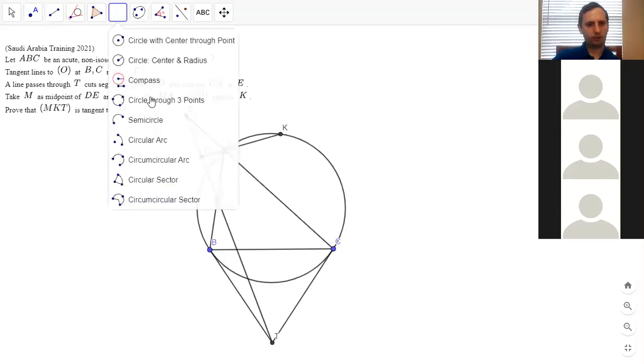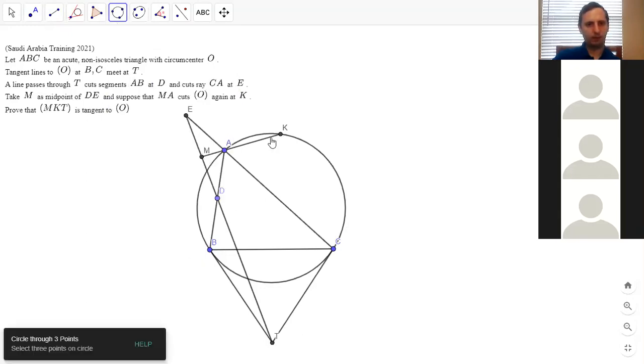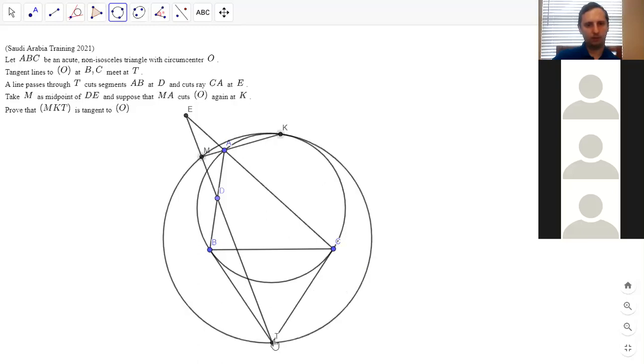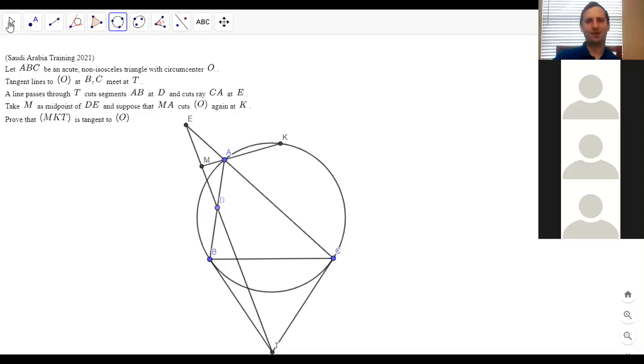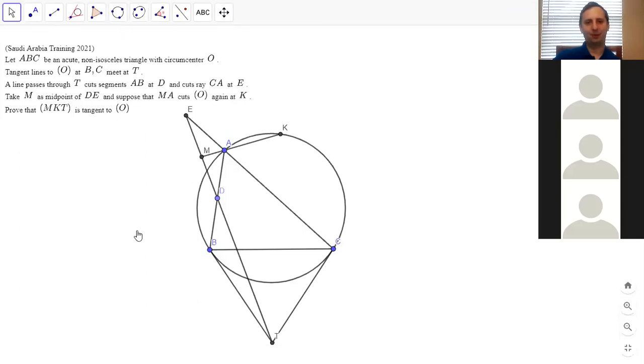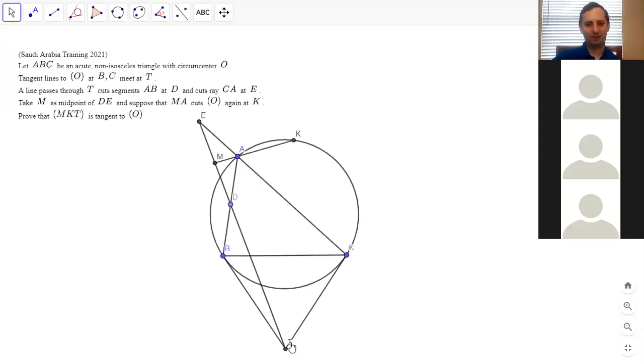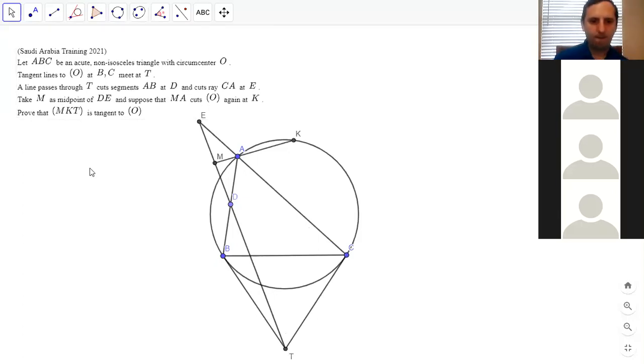Let's just check that. So the circle MKT. Yep, looks like it's tangent. Looks a little familiar. So yeah, it's interesting how this can be any line. Since M is the midpoint, it makes me think of harmonics.